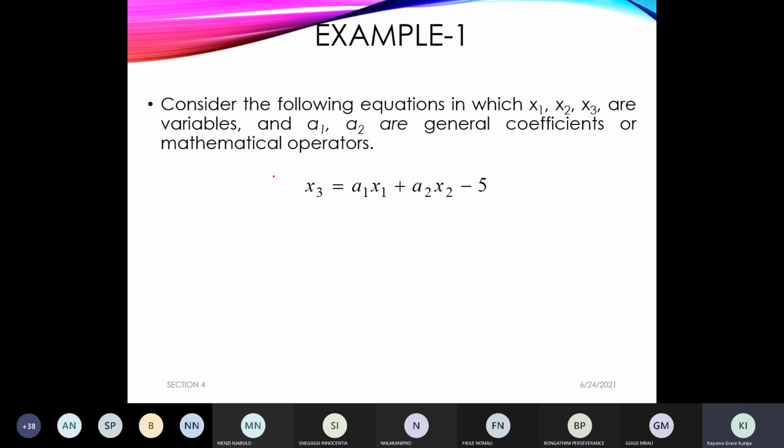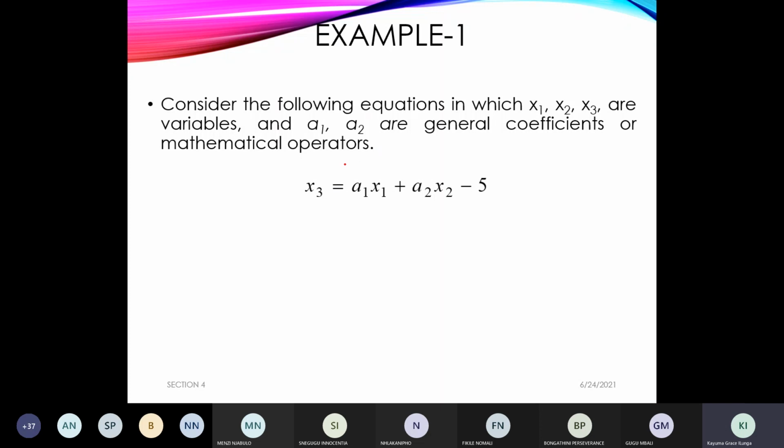As you can see here, x1, x2, x3 are variables, and a1 and a2 are general coefficients of mathematical operators. Just by the way they define these values, you can understand what can be your input, what can be your output, and what can be represented as the block diagram.